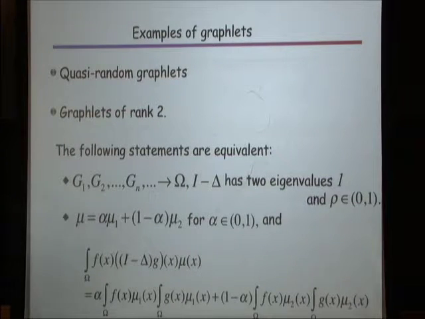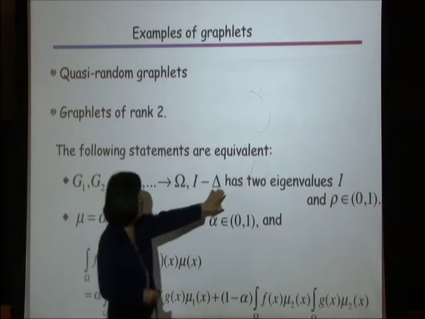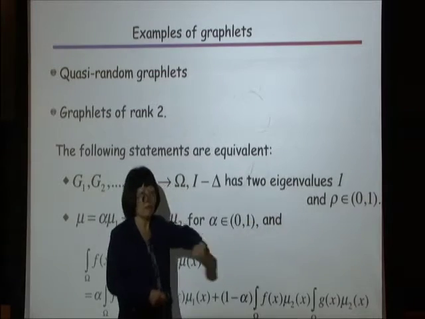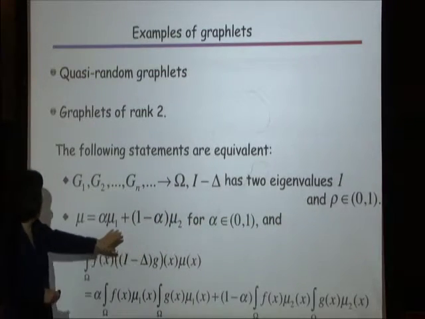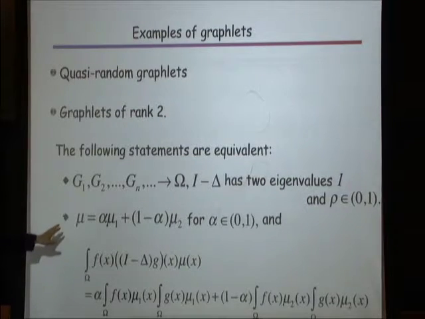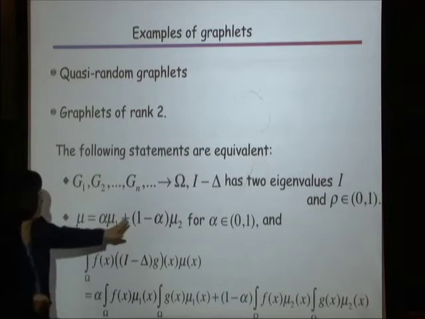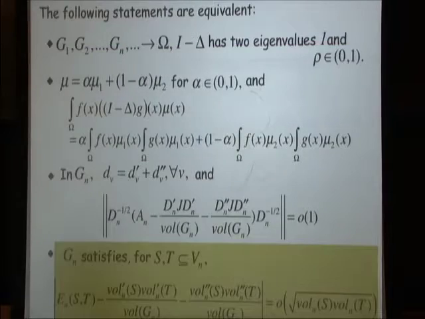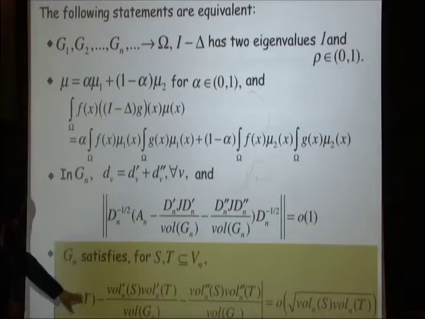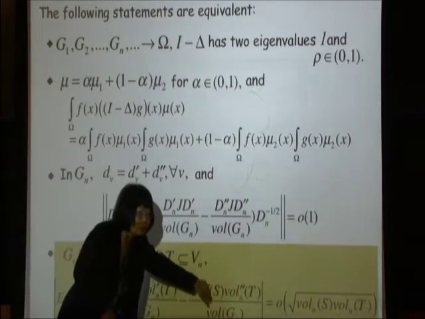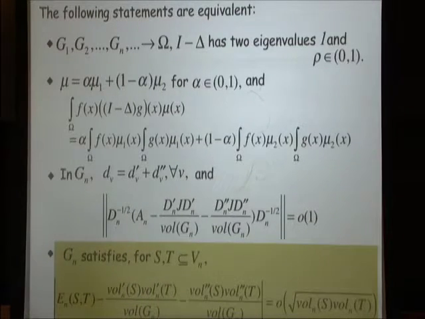So then the generalization is very easy because I just have 2 eigenvalues instead of just 1, and all the others go to 0. Another way to say it is that your measure splits into 2. It's a combination of 2, and your graph splits into 2. So instead of just random with 1 term, here you get two terms.